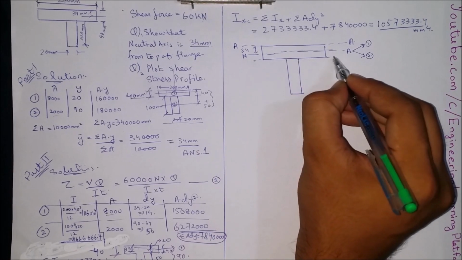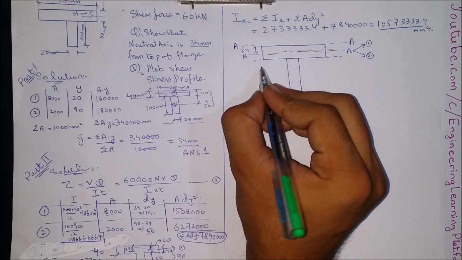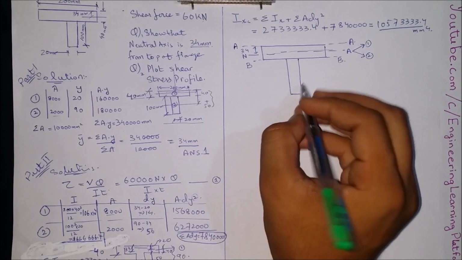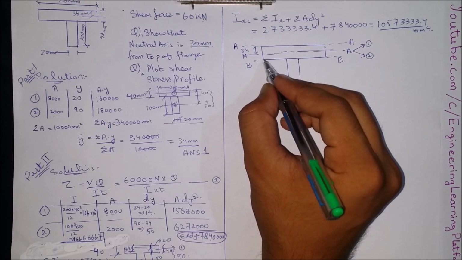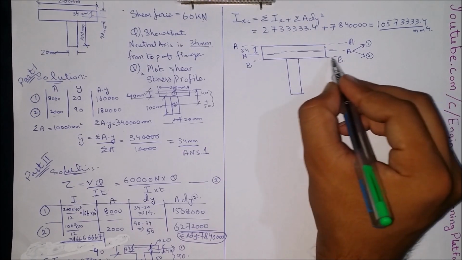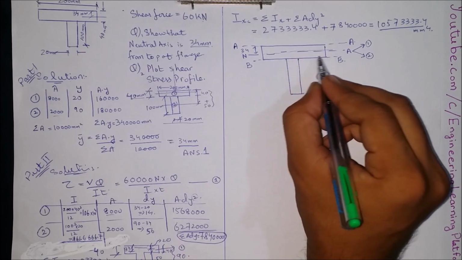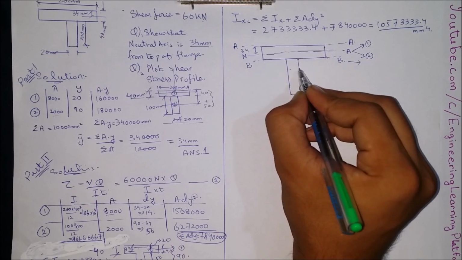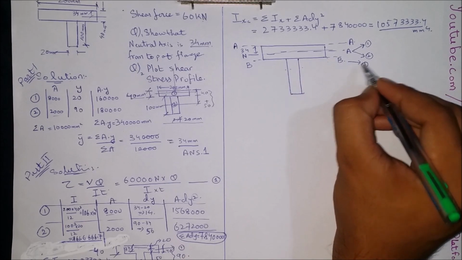Let's call this fiber as fiber B. The fiber B will have two stress values, one due to thickness 200 millimeters and two due to thickness 20 millimeters.